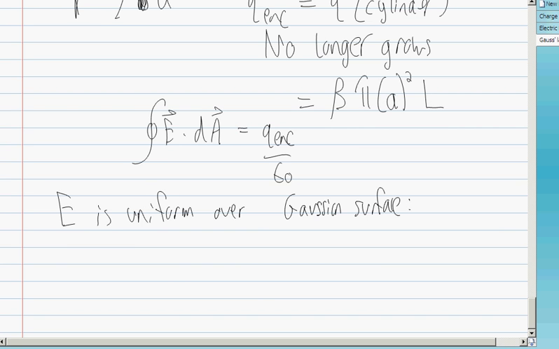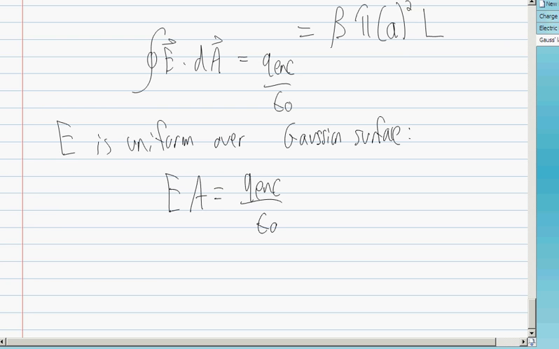So that means that EA equals Q enclosed over epsilon naught, which is E times 2 pi R L, where this is R because we are changing this. We're using whatever arbitrary size of Gaussian surface we want. This is going to be beta pi A squared L over epsilon naught.